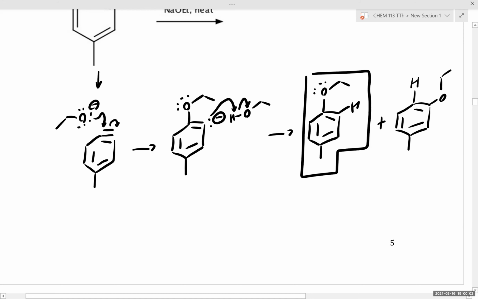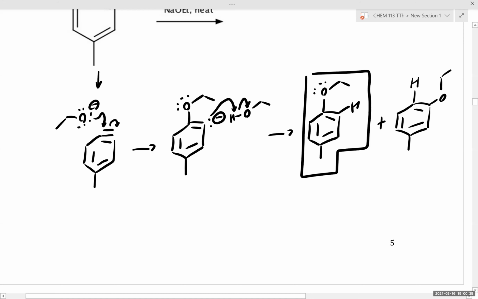It doesn't matter the location of the other group. You'd only see two possible regioisomers. Does that make sense? Well, by definition, you can only have two regioisomers through a benzyne mechanism.